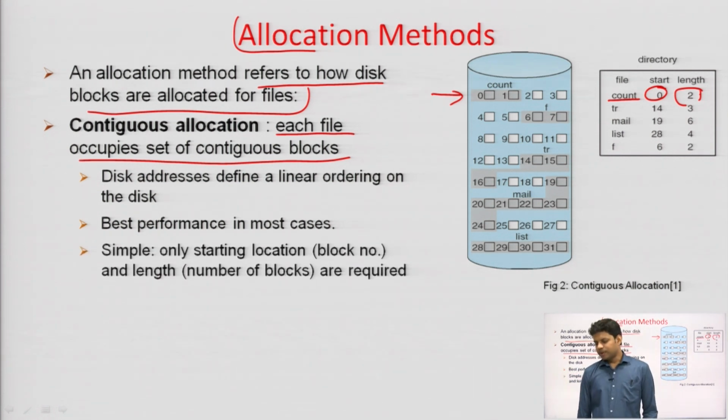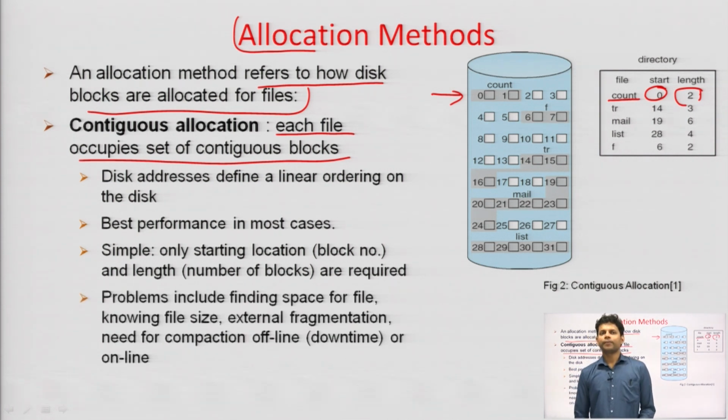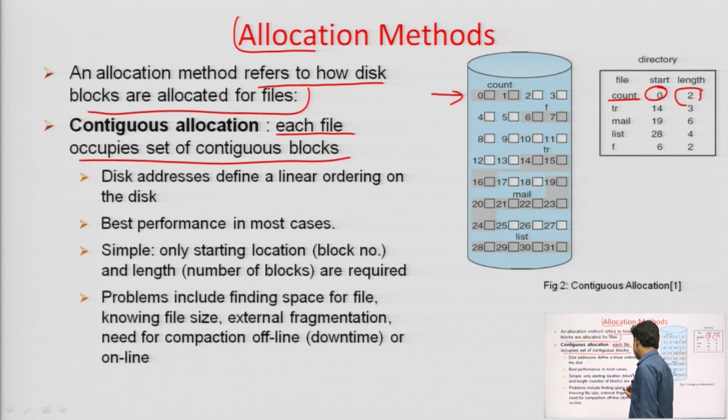It is simple: only the starting location, like the block number, and the length, like the number of blocks required, are needed while using this contiguous allocation method. Okay, so these are the problems that contiguous allocation faces.